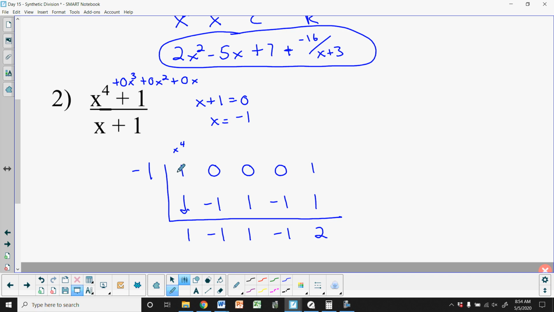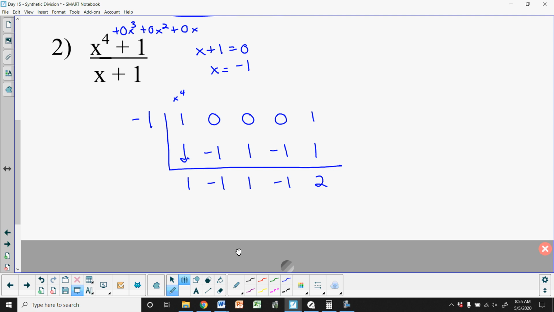All right, and then we can just quickly double check this. 1, -1, -1, -1, -1, +1, 1, -1, +1, -1, -1, -1, -1 is 1, add 2. All right, so then what's our first term? This one here, which one's that? What's that going to be? That's right, it's x cubed, because it's x to the third divided by x gives us x cubed.